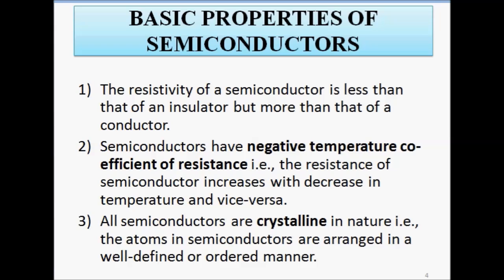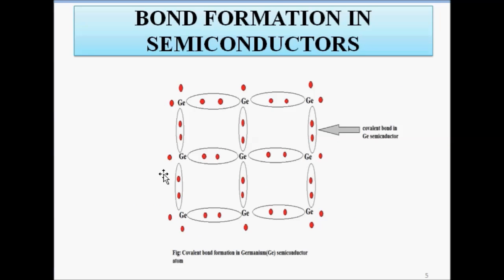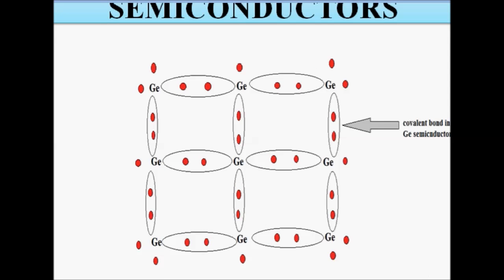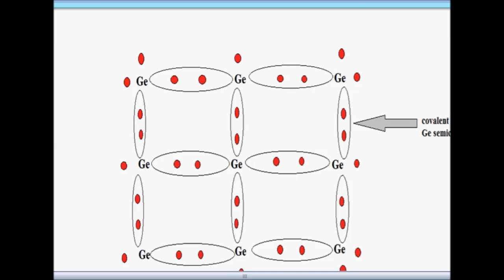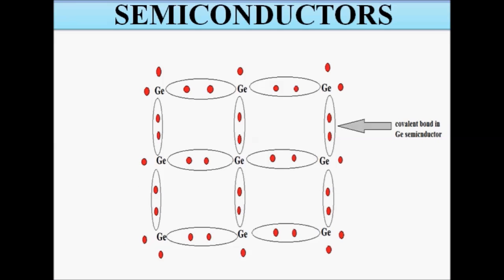Now next, the bond formation in semiconductors. We all know that both silicon and germanium are the two most commonly used semiconductors, and both silicon and germanium in their electronic configuration have 4 electrons in their outer band or valence band.